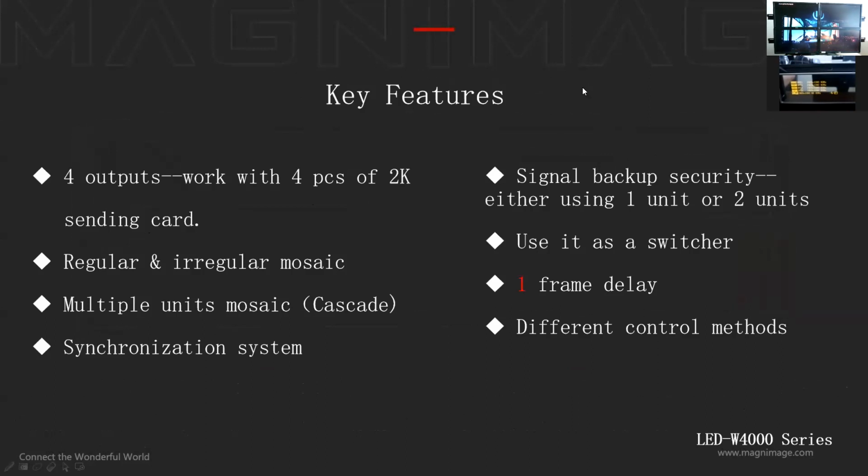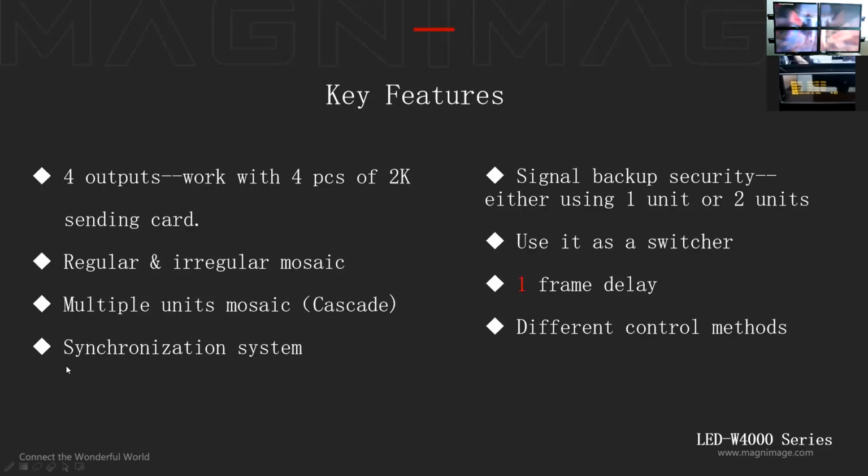There are 4 outputs of this video processor, and here are some key features. 4 outputs work with 4 pieces of 2K sending card, and with all of these 4 outputs, you can do either regular or irregular mosaic. And of course, there's a function for multiple units mosaic, which we call cascading.